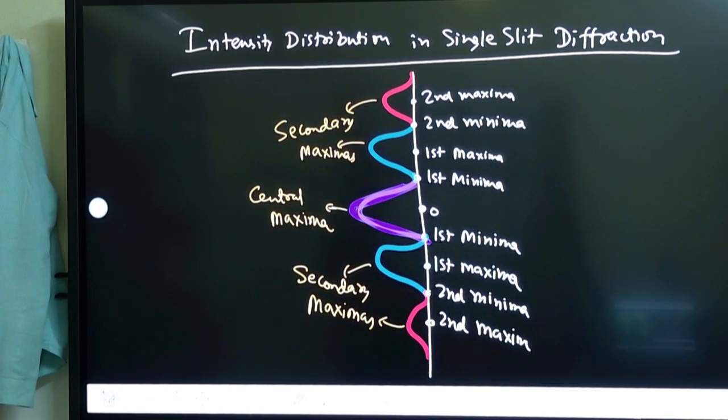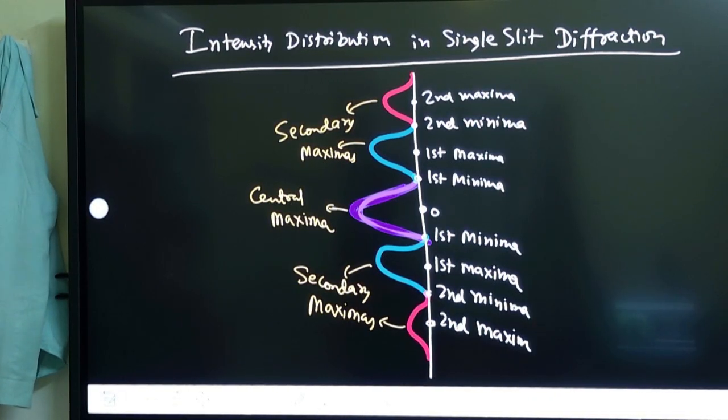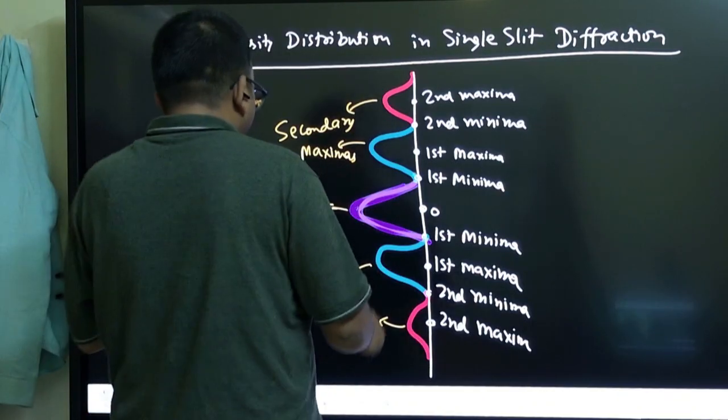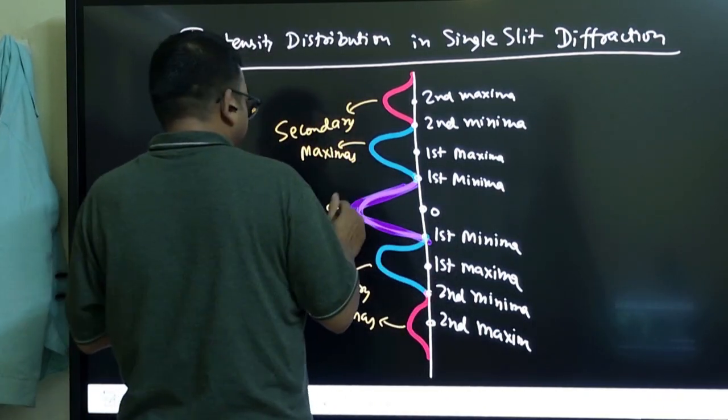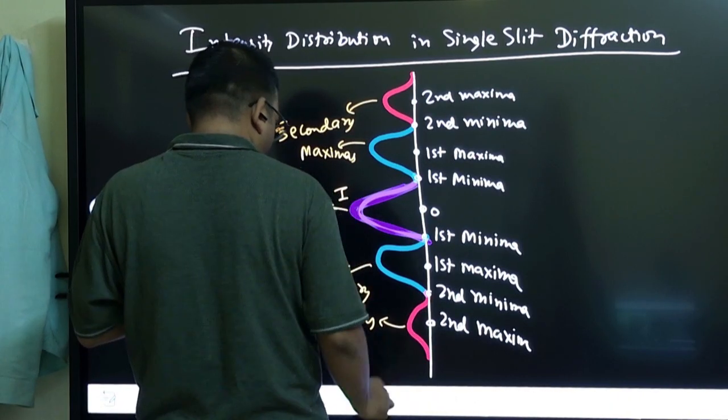You may ask what the intensity values of these maximas are. I just give you the values, and you can note them down because the proof is not there. Suppose the central maxima intensity is I naught.